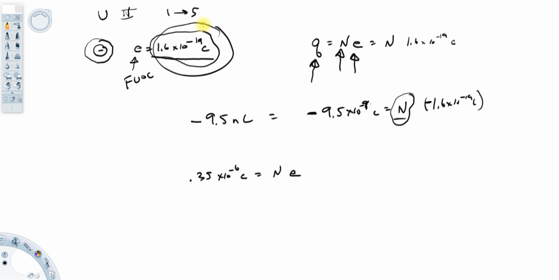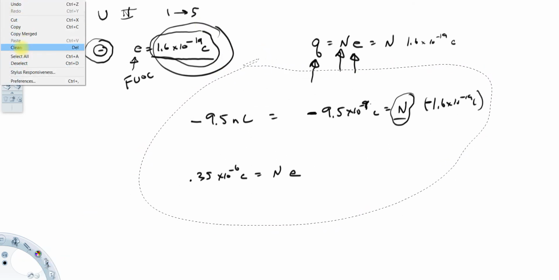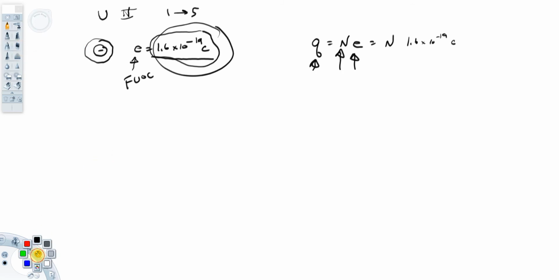Okay, numbers 2 and 3, let me clear this up here. Numbers 2 and 3 are virtually identical. You're given a big number. In number 2, I see 2 times 10 to the 20th electrons.